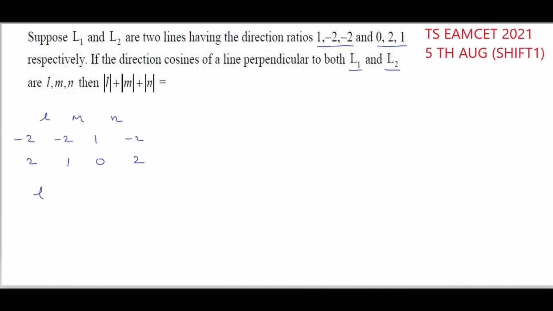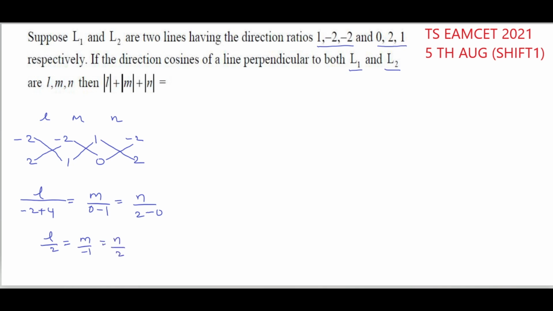Therefore L value is, L by minus 2 into 1, that is minus 2, minus 2 into minus 2, minus 4, that is plus 4, that is equal to M by minus 2 into 0, this is 0, minus 1 into 1, minus 1, that is N by 1 into 2, 2, so minus 0 into minus 2, that is 0.